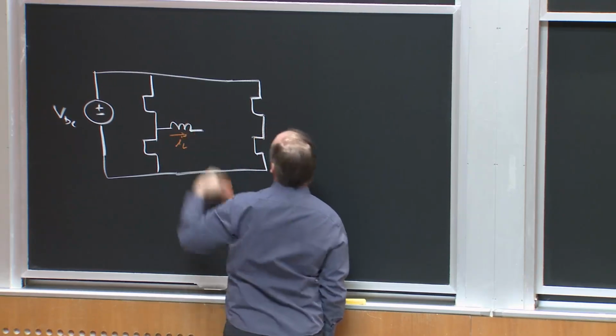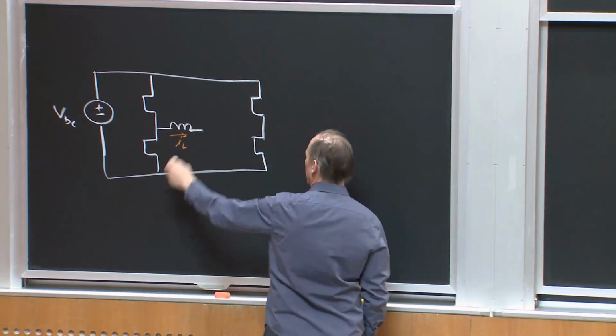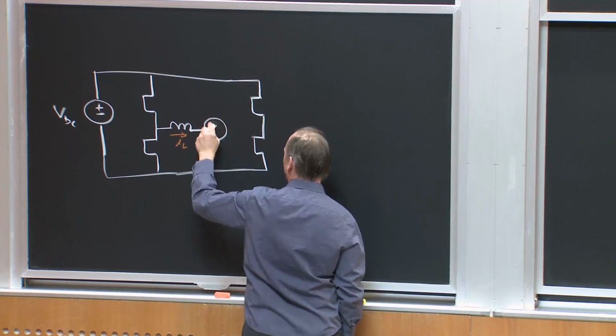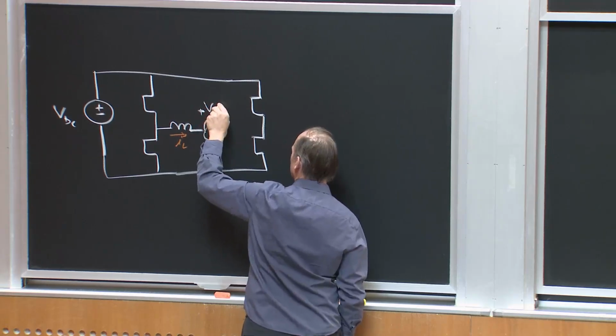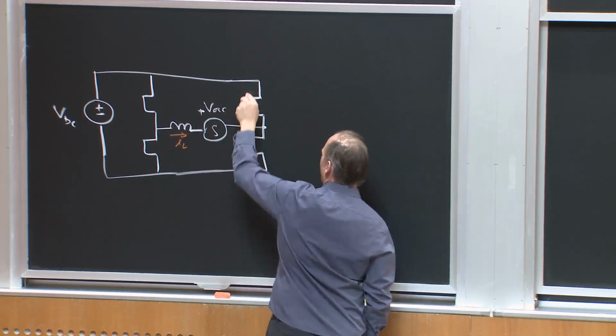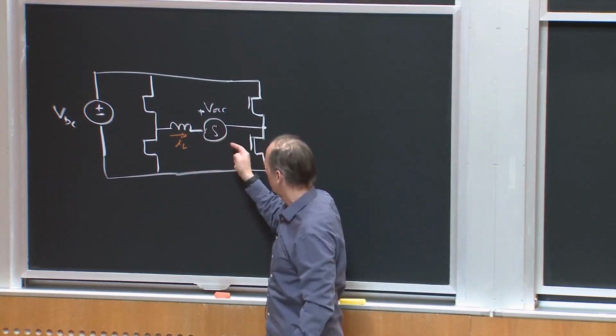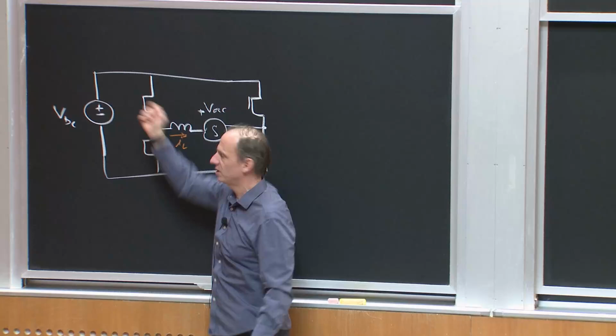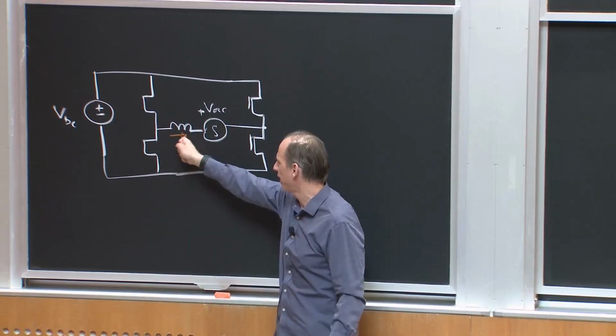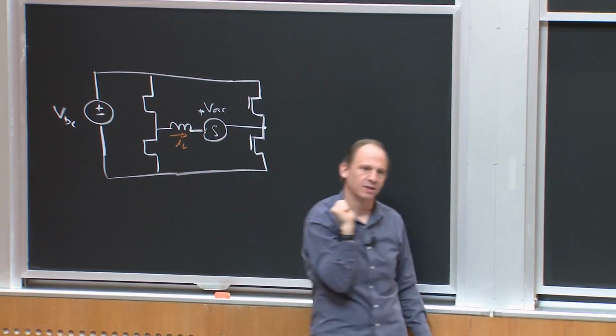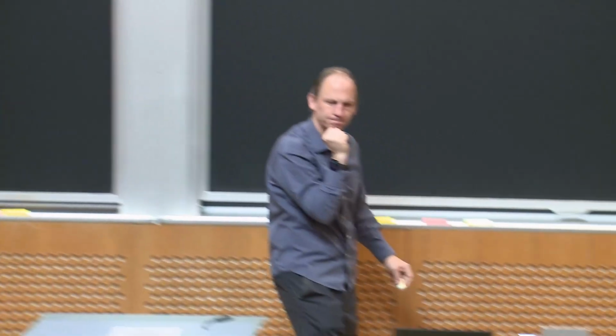I'll combine those two inductors as one element, and maybe here I have VAC. There's absolutely nothing that says I can't now use this circuit to run power from AC to DC. It's just a question of what the phase of IL is compared to VAC.